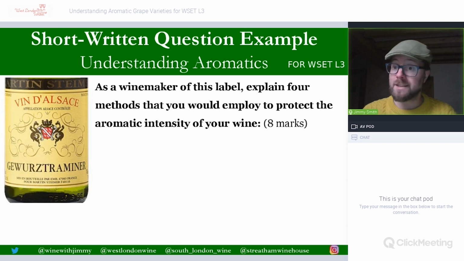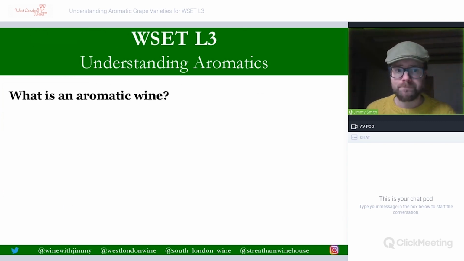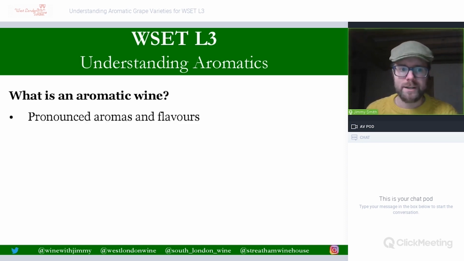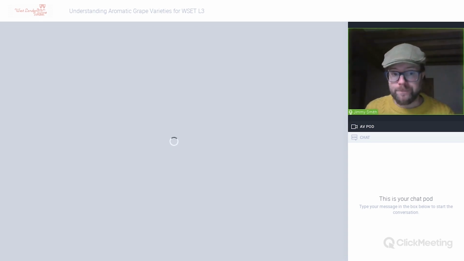Okay, so let's have a look at what an aromatic grape variety exactly is. An aromatic grape variety or an aromatic wine, what is it? These are grape varieties that give wines very pronounced aromas and flavors. So according to your systematic approach to tasting, you will put down pronounced on the intensities, both on the nose and the palate. So big flavors, very obvious flavors, often very fruit and floral intense, but not always, of course.